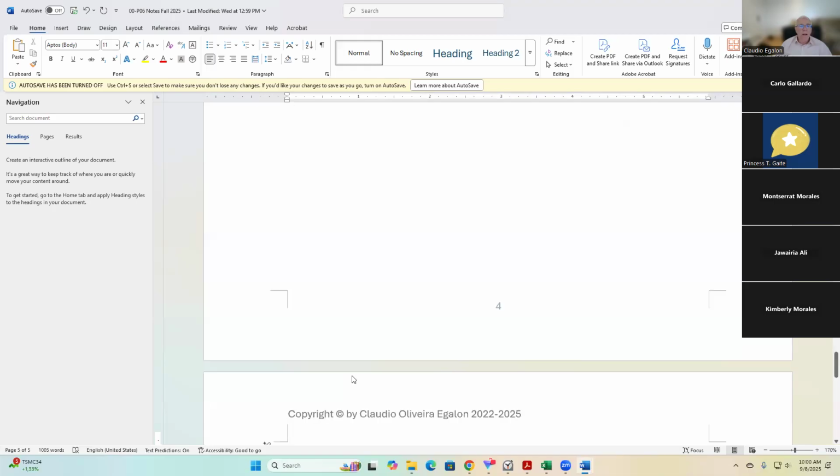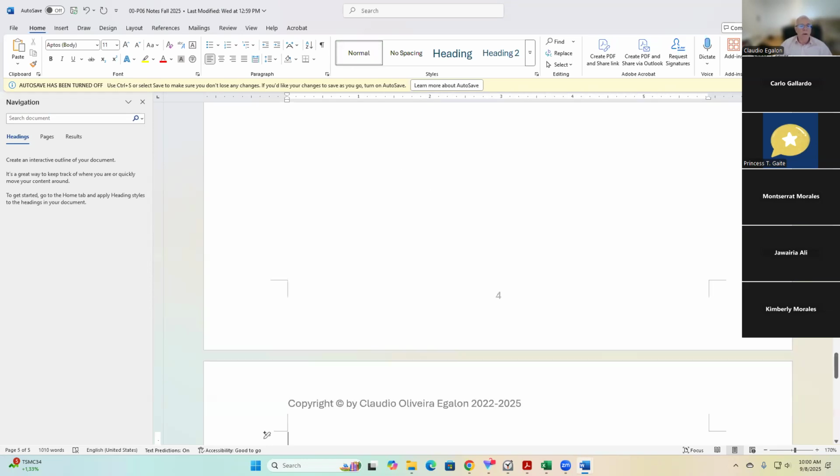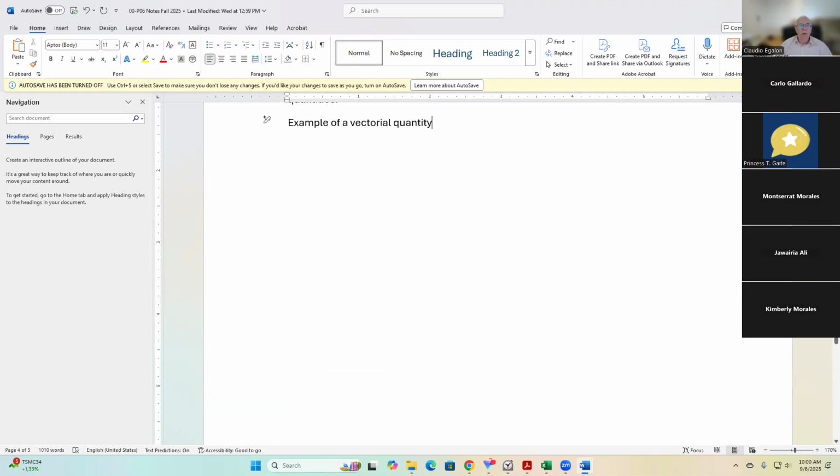And let's see, an example of a vectorial quantity. I'm going to give you an example: the position of an object.